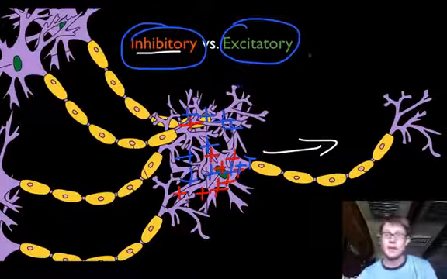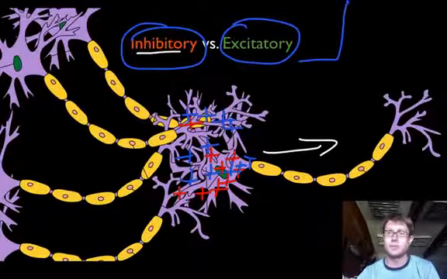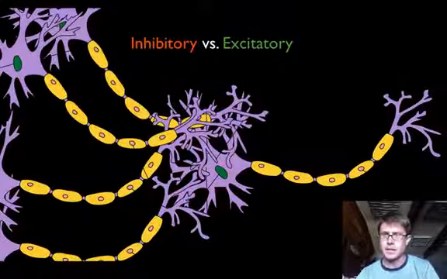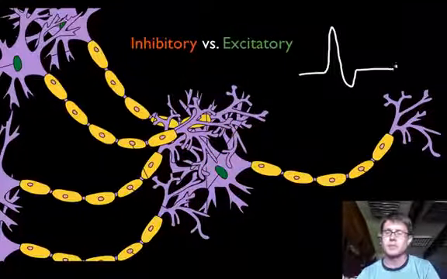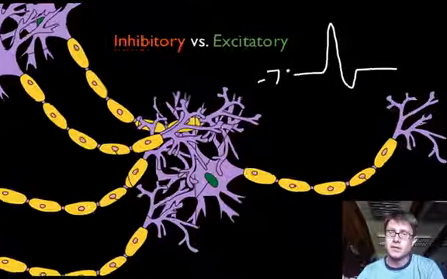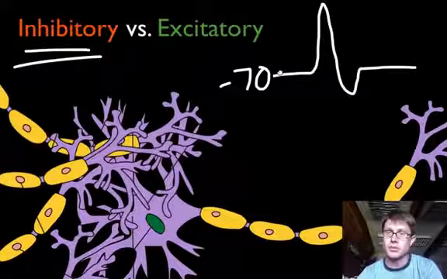Let's go back to that diagram that we have. Remember, it sits at threshold, and then an action potential is going to depolarize, and then it's going to repolarize. So it's going to reach up, it's going to have an undershoot, and it's going to come back to here. What's really happening, this is at negative 70 millivolts, every time we get an inhibitory, that's going to be pushing the voltage in this direction.